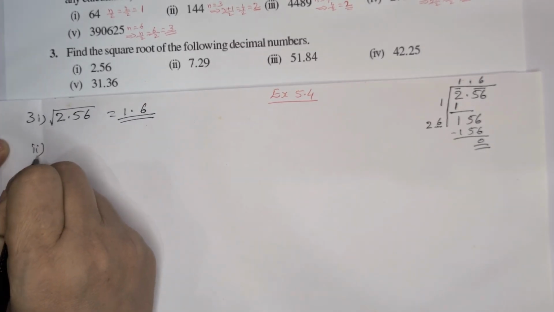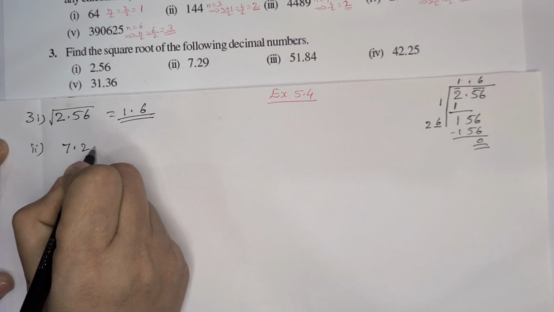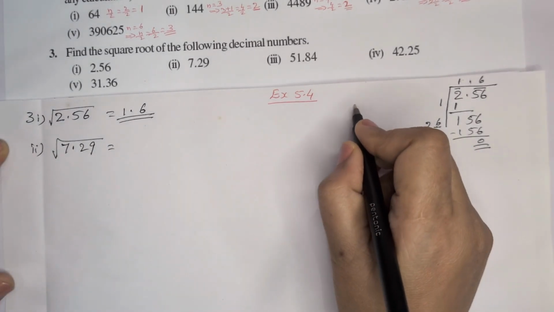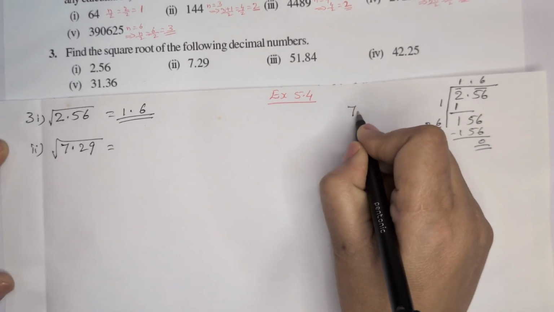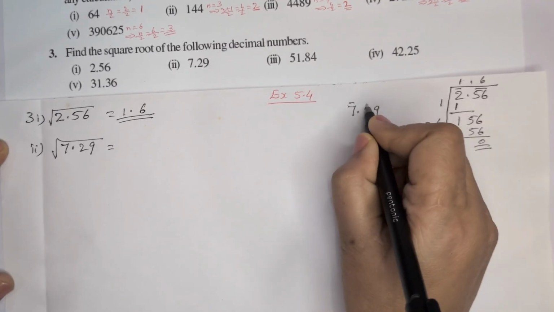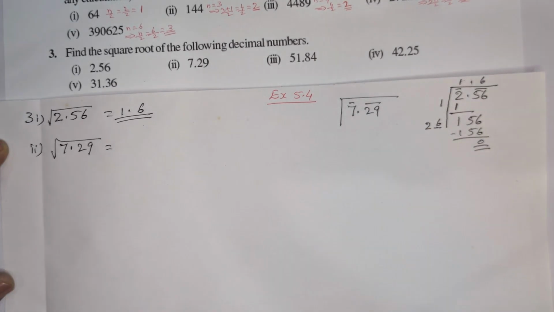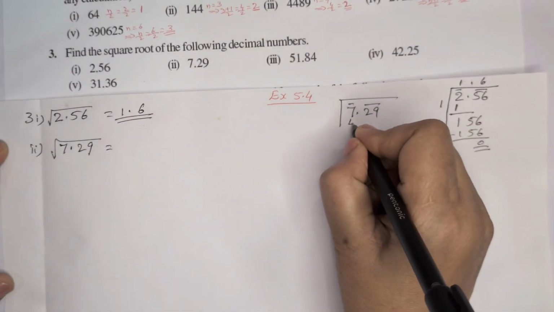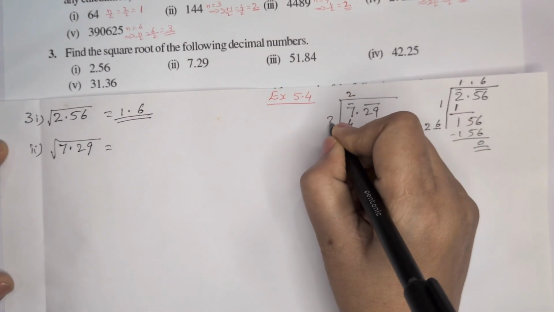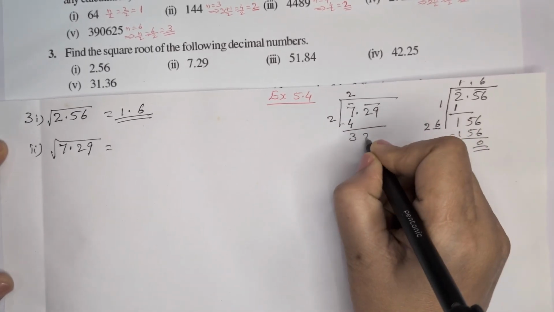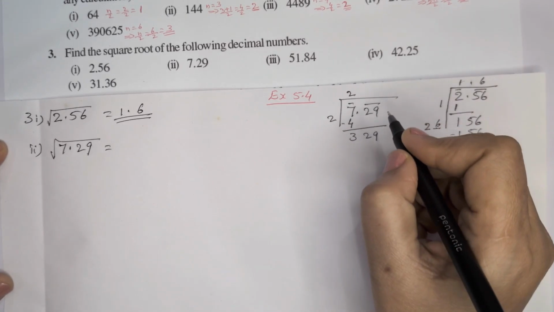Next number, that is 7.29, square root of that by the division method. First we take the number 7.29, group that, and then here 7, below 7 the perfect square is 4. So we can write that as 2 into 2, 4, minusing, here 3, next group 29, so 329.